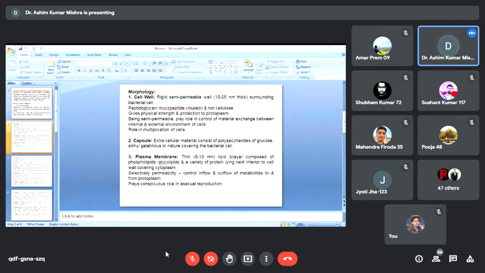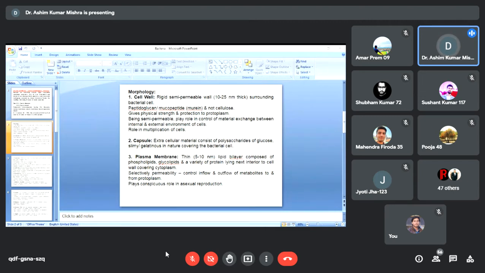Secondary metabolites are produced by bacteria, fungi, or plants also. Here, this organism produces both primary metabolites and secondary metabolites.